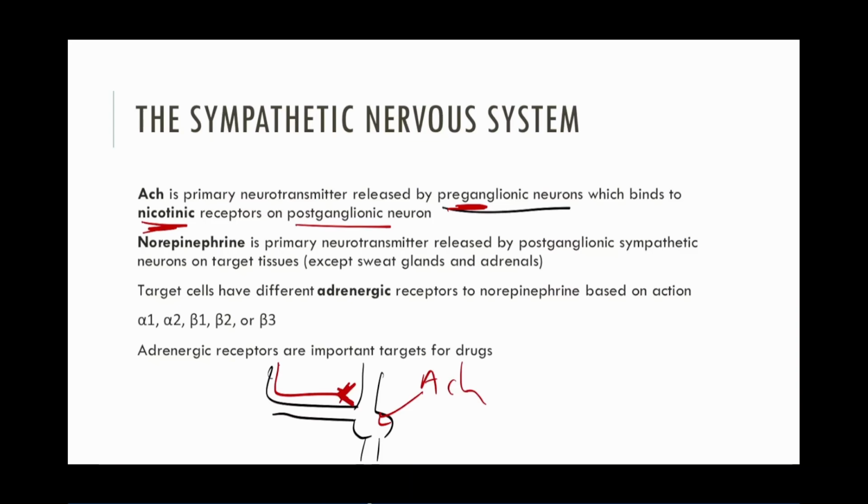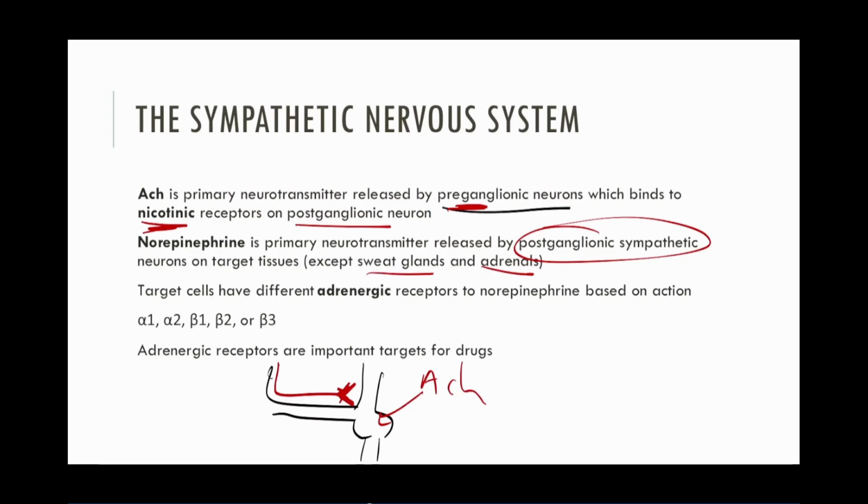Norepinephrine is the primary neurotransmitter released by the postganglionic neurons onto target tissues. The only exceptions are the sweat gland and the adrenals. They have different ones. We'll get to that in a second.